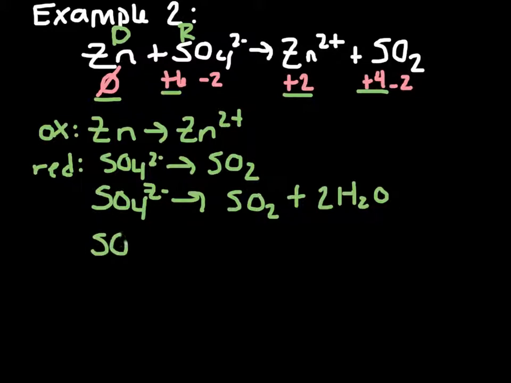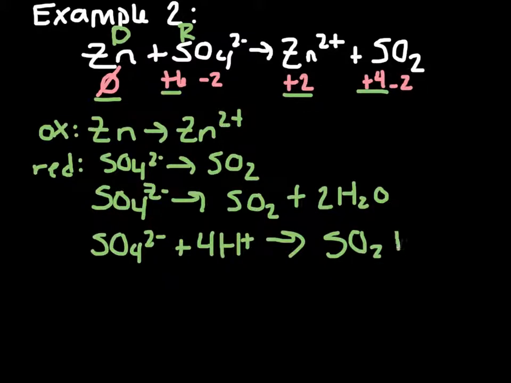So we have SO4 2-. We added 4 hydrogens on the product side from those waters. So now we're going to write 4H+. And then we have SO2 and 2H2O. So now we have our oxygens balanced and we have our hydrogens balanced.